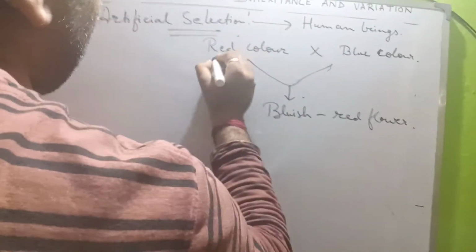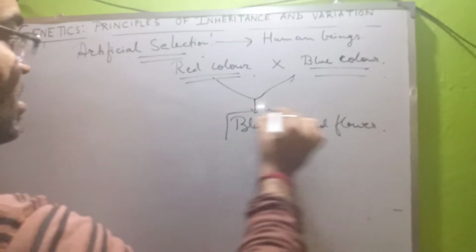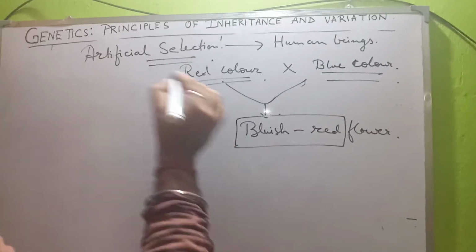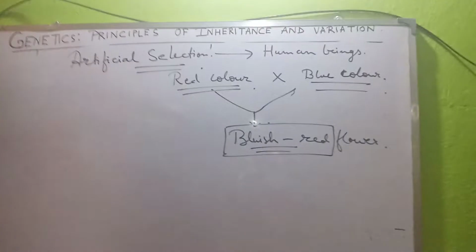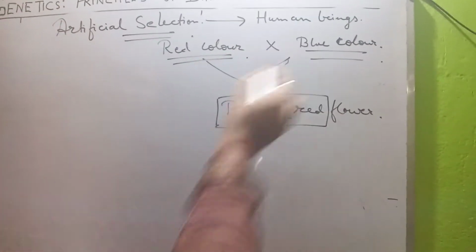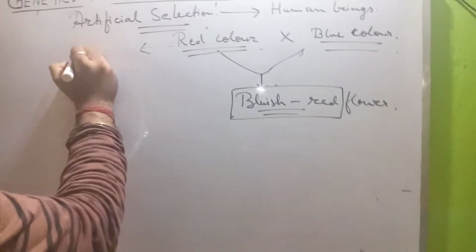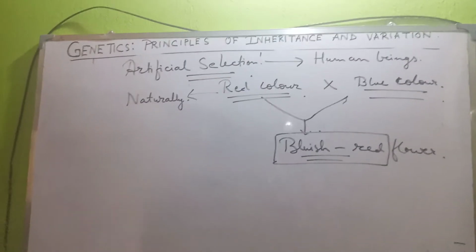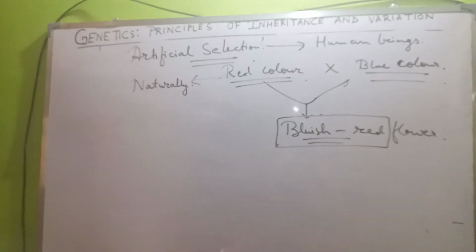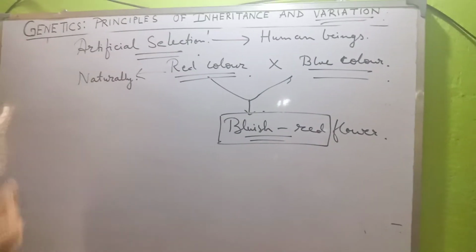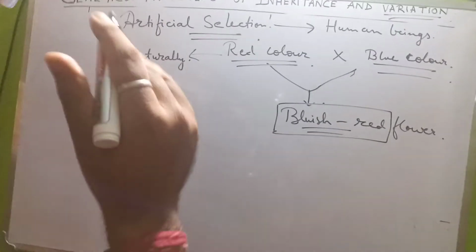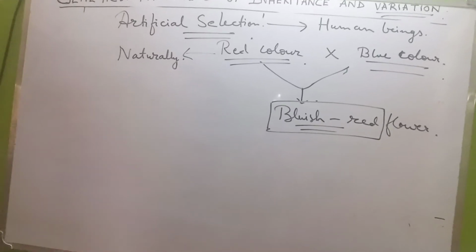So I have taken red flowers and blue flowers, which are available naturally, and from there I have got a special type of color. This is what we call artificial selection, and by artificial selection we can produce variation. This is what the introduction part of principle of inheritance and genetics talks about.